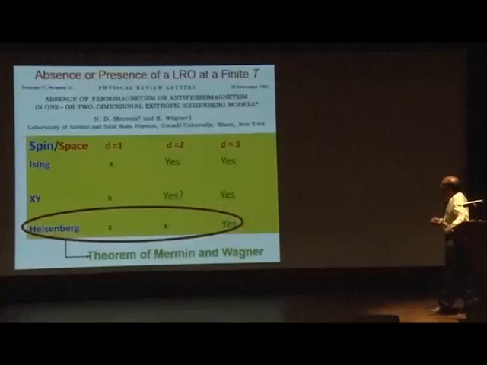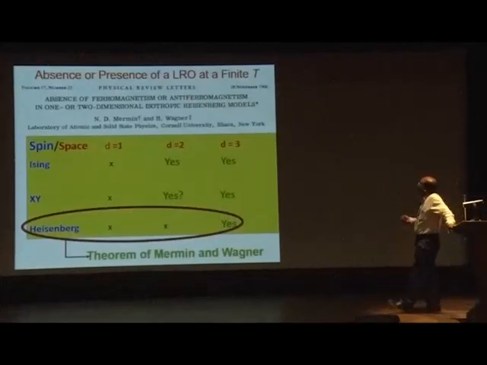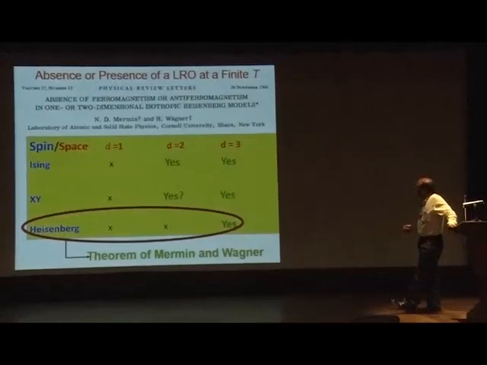So we know there is a famous theorem, the Mermin-Wagner theorem, which tells us about the presence or absence of long-range magnetic ordering at finite temperature, and it was for isotropic Heisenberg spins. For Heisenberg spins, the theorem says that there could be long-range magnetic ordering only when the space dimensionality is 3.